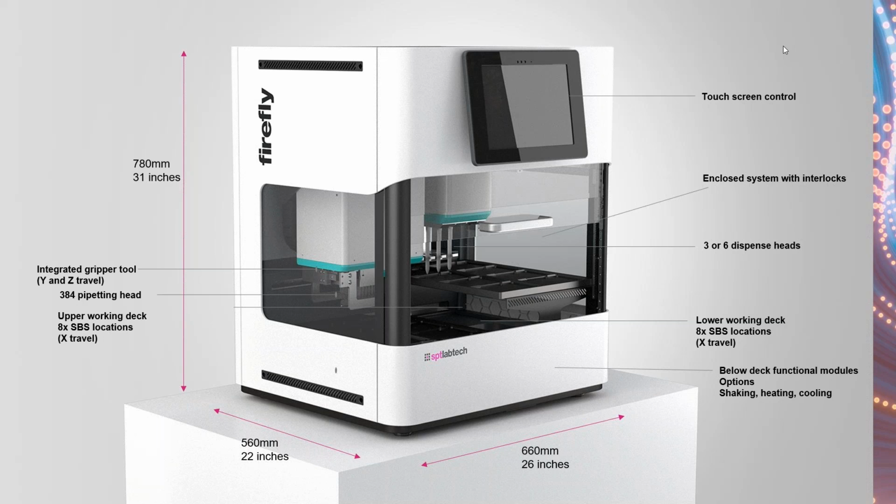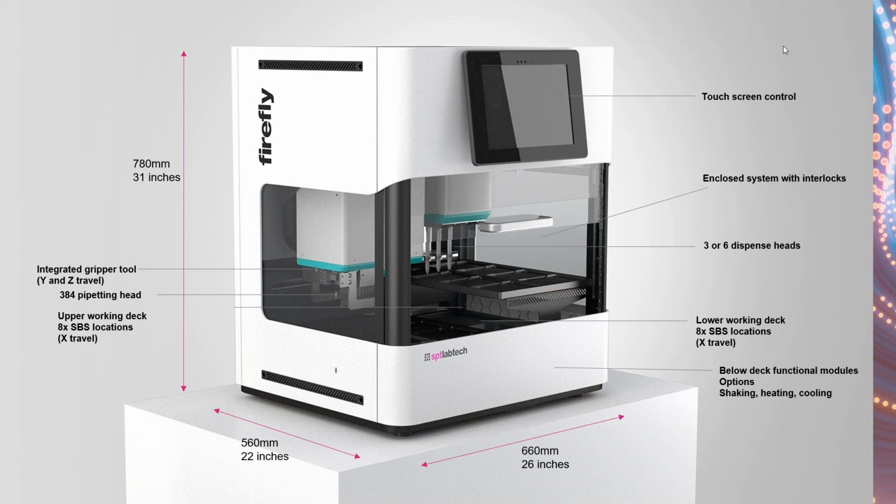And on the left-hand pipetting head, there is also a gripper, so you're able to move things between the decks on the system, and I'll talk about those in a moment. You can also move plates between things like magnets, so on and off magnets, onto shaker blocks, onto heater cooler plates, and so on. So really giving you all the functionality that you need for a wide range of applications.